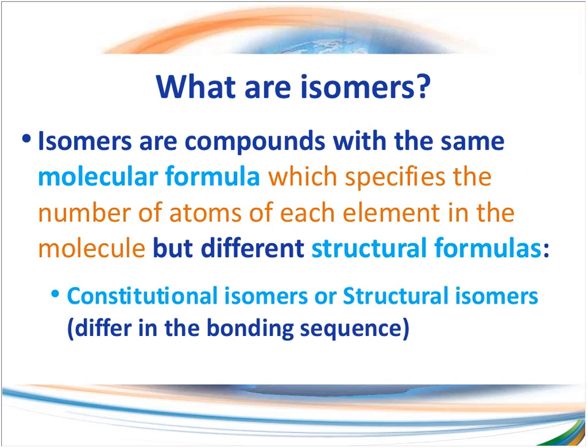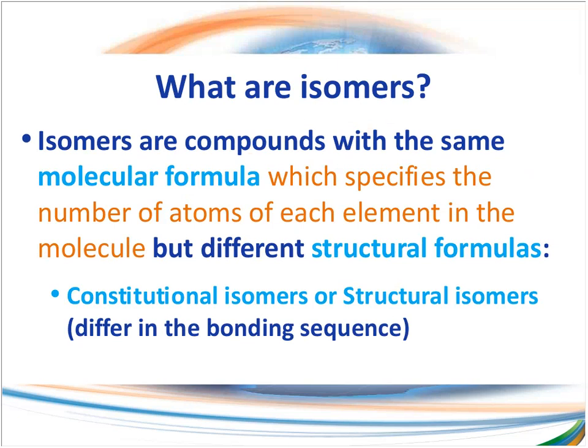So, what are isomers? Isomers are compounds with the same molecular formula, which specifies the number of atoms of each element in the molecule, but can have different structural formula. For example, there are chemicals which have no isomers. For example, hexachlorobenzene, which is a benzene ring with 6 chlorine atoms at each carbon atom, has no isomers.